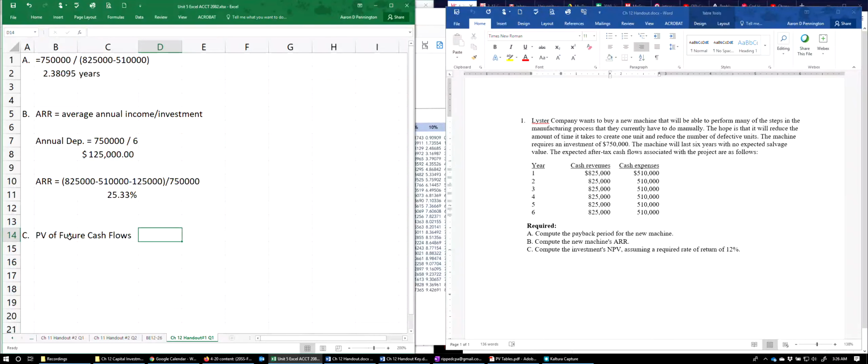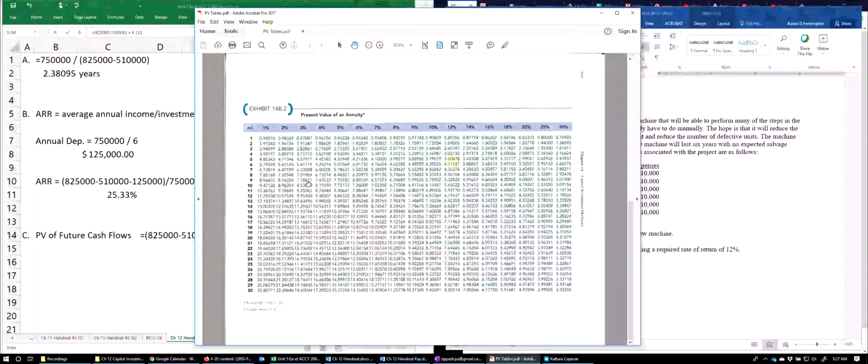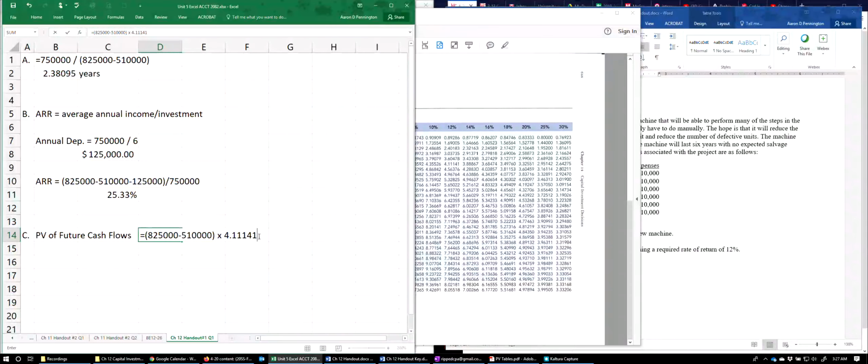And so the way we get that is the 825 less 510,000, and then we're going to multiply by the factor we pulled from the table. So that's your 4.11141. And honestly, for our purposes, probably to 3 decimal points is enough. But we'll use the entire amount since it's there.